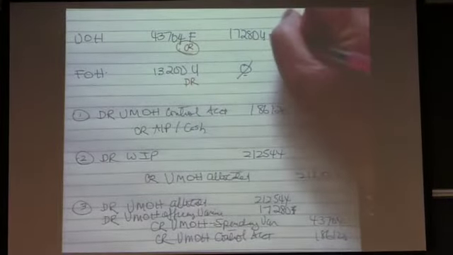Now when we get to the fixed overhead, I go to the next page. First thing I'm going to do with fixed overhead is record the actual, and the actual is this 481,200.